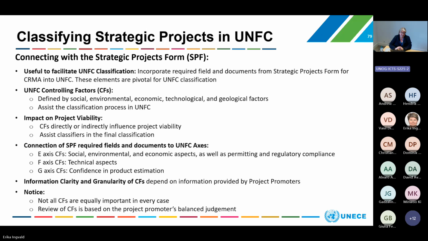The impact on project viability, it's about the controlling factors impact. They may directly or indirectly influence your viability, and it assists classifiers, yourself and others, to make the final classification. And it's the E, F, and G axis that we're talking about still. And it provides information and granularity if you use the entire space of the UNFC field to provide information.